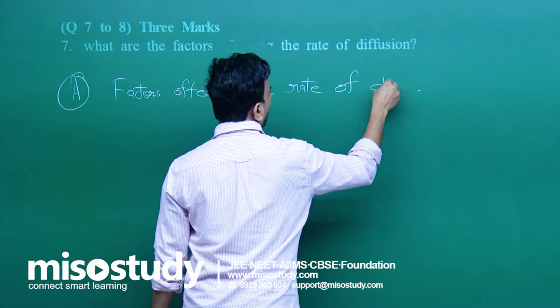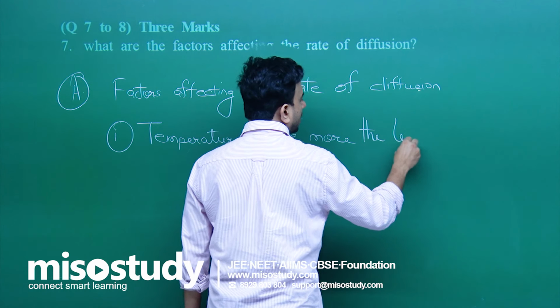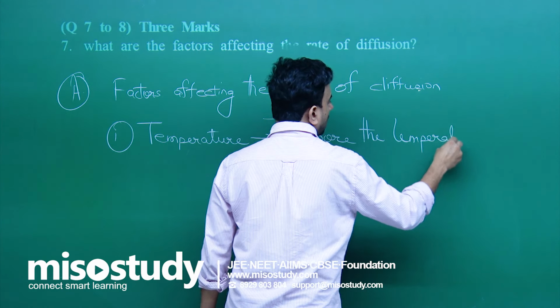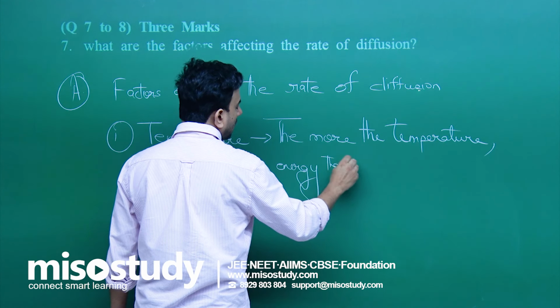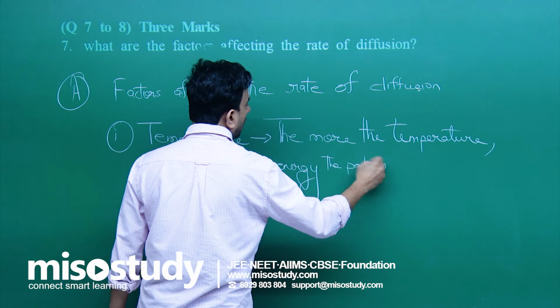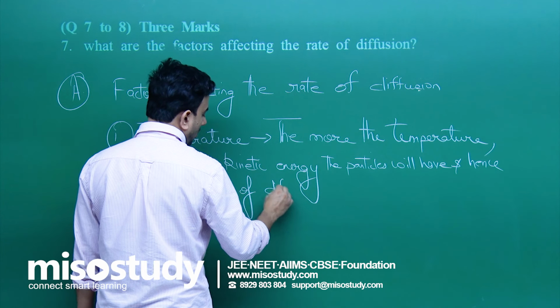The more the temperature, the more energy the diffusing particles will have, because the kinetic energy has increased, and hence the rate of diffusion would be higher.